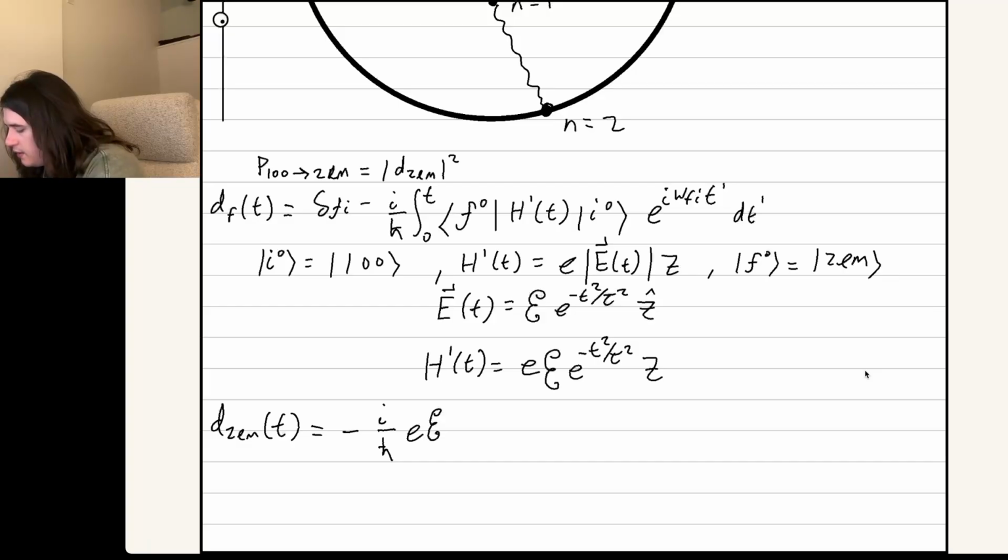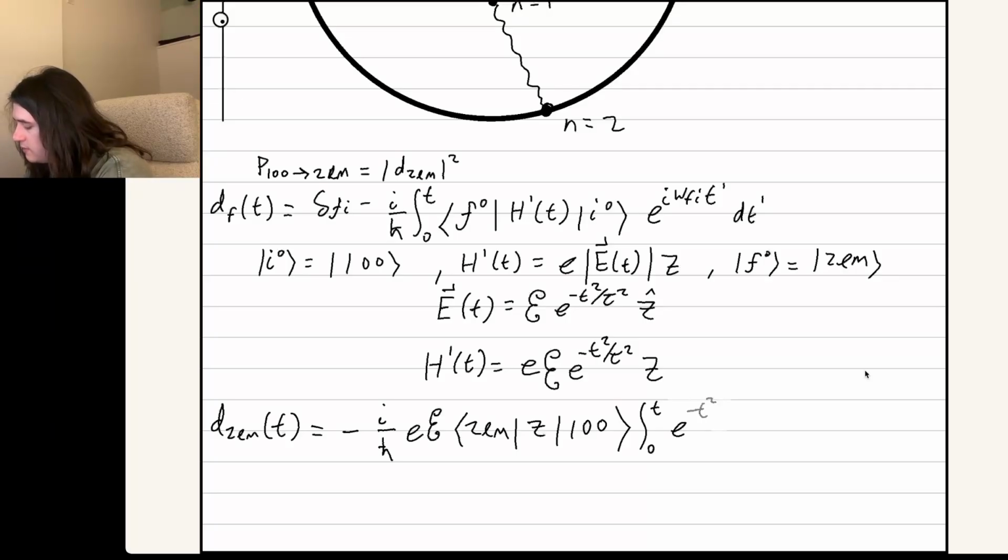It'll be bra 2LM, z, ket 100. And then the time-dependent stuff just ends up being e to the minus t prime squared over tau squared times e to the minus i omega t prime, dt prime.